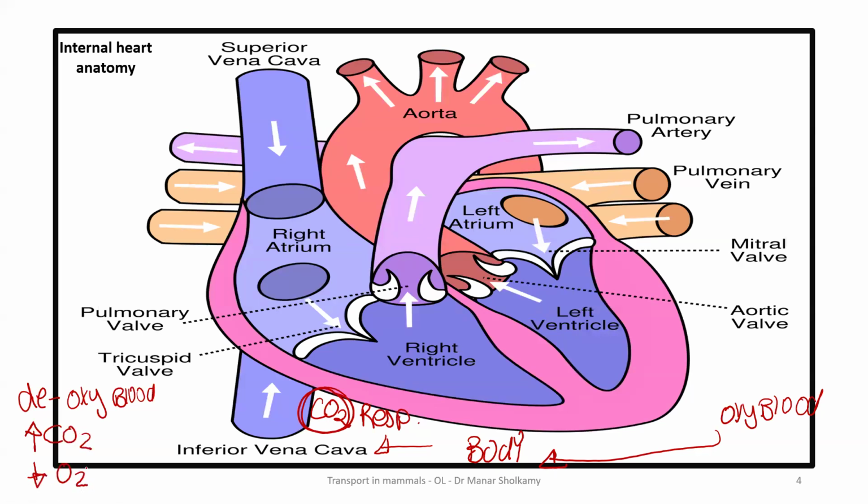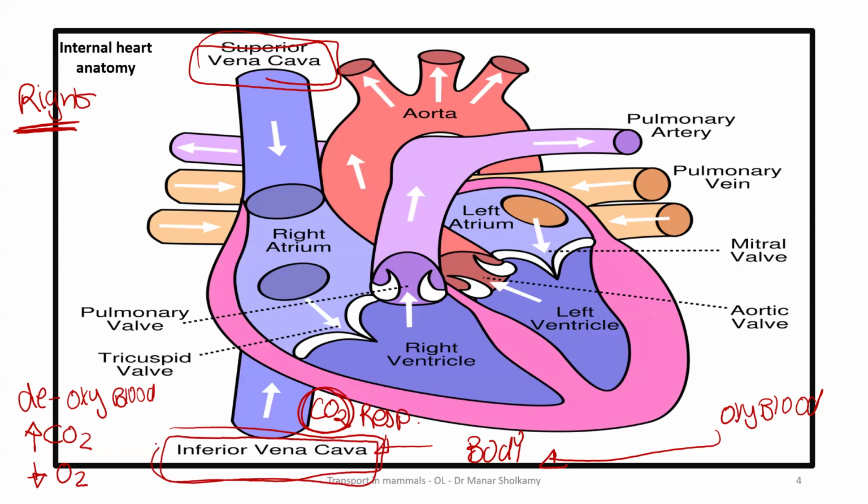Now, this deoxygenated blood will arrive from the body and it will enter the right side of the heart through two big veins, a superior vena cava and an inferior vena cava. Now, who remembers why there is a superior and an inferior vena cava? The superior vena cava receives deoxygenated blood from which parts of the body?